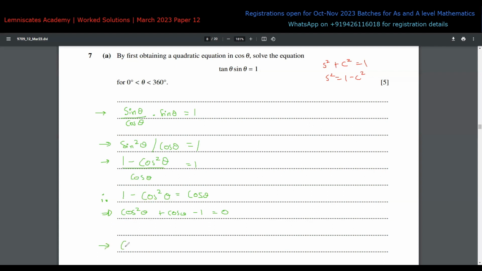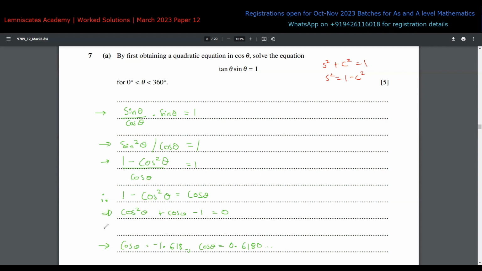So let's see what cos theta is equal to by using our calculator. In my calculator, I am substituting the values of a, b, c as 1, 1, minus 1 respectively. So 1, 1 and minus 1 is giving me the values of cos theta as minus 1.618 something, and the other value of cos theta that I'm getting out of this is 0.6180, right?